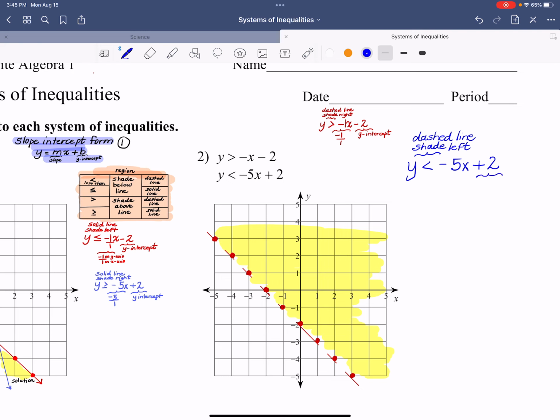My y-intercept is at positive 2. So I'm going to come up here above the origin and put my positive 2.